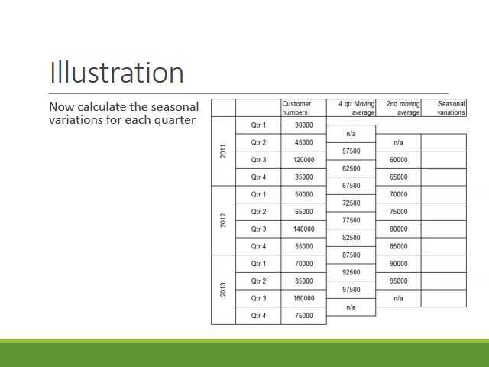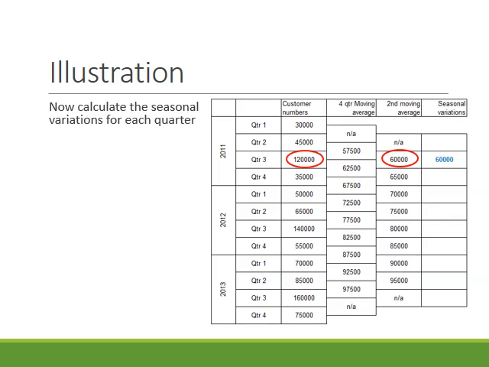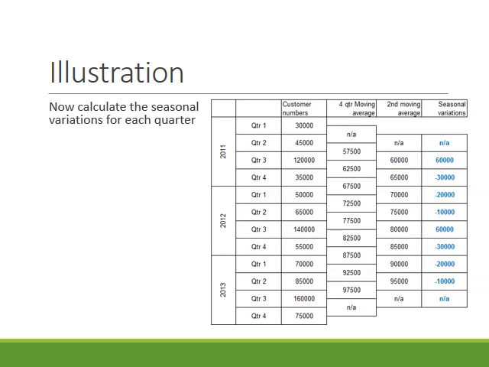So we'll calculate the seasonal variations as we did before. So 120,000 less 60,000 gives me a seasonal variation for quarter 3 of 60,000.